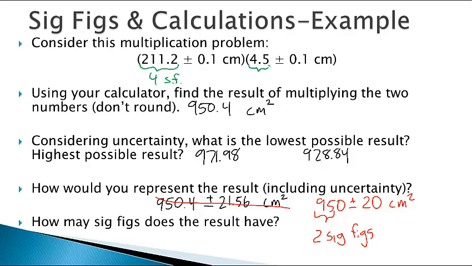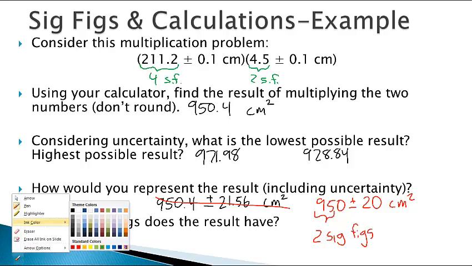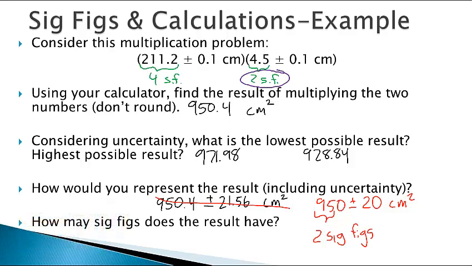And 4.5 has 2. When we look at that, we say, all right, the one with 2 sig figs is our least precise quantity. And our least precise quantity is going to limit our answer. So our answer can only have 2 sig figs.